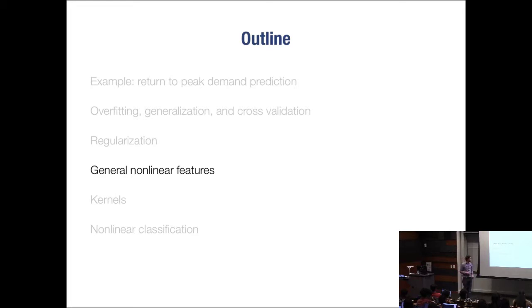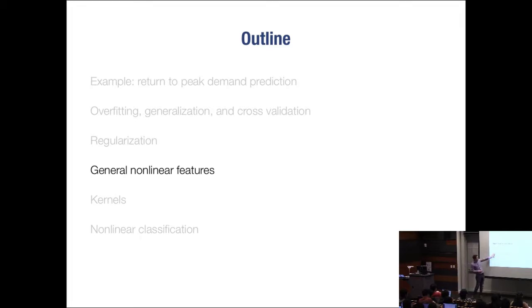But it's good to at least know what some of the basic types of nonlinear features are that you can create with data, to get a sense of how these models work when you apply something like kernels. Because kernels are very related to these explicit nonlinear features. They just do it in an implicit way.